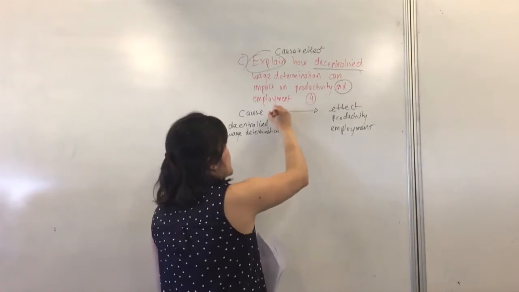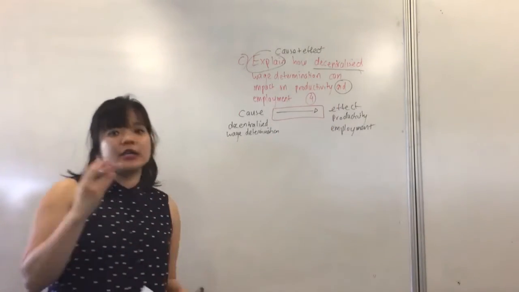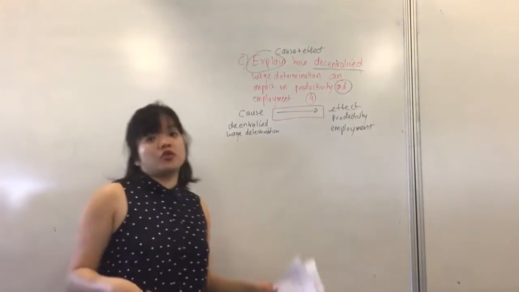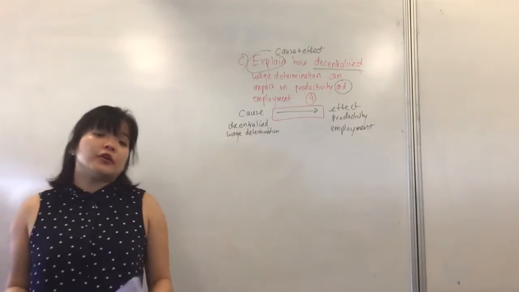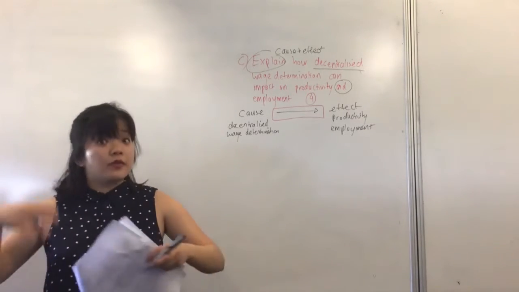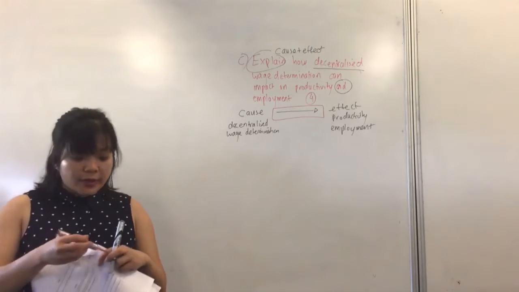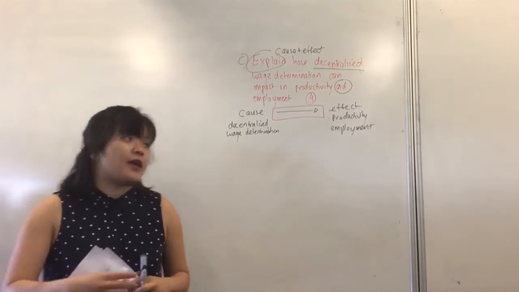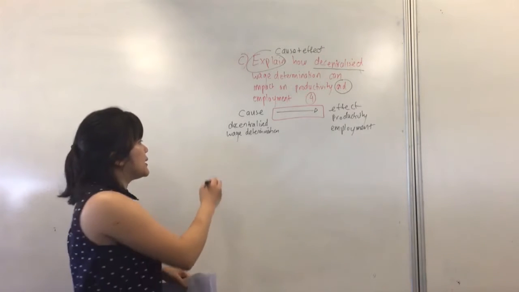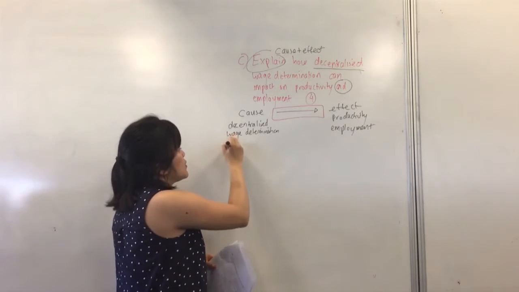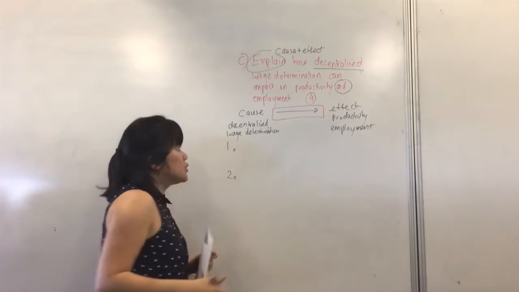How did you get from a decentralized wage determination to whatever conclusions you make about the levels of productivity and the levels of employment, okay? So I'm not going to show you all of them. What I'm going to do is get to one example, all right? So we'll do 1 and 2.